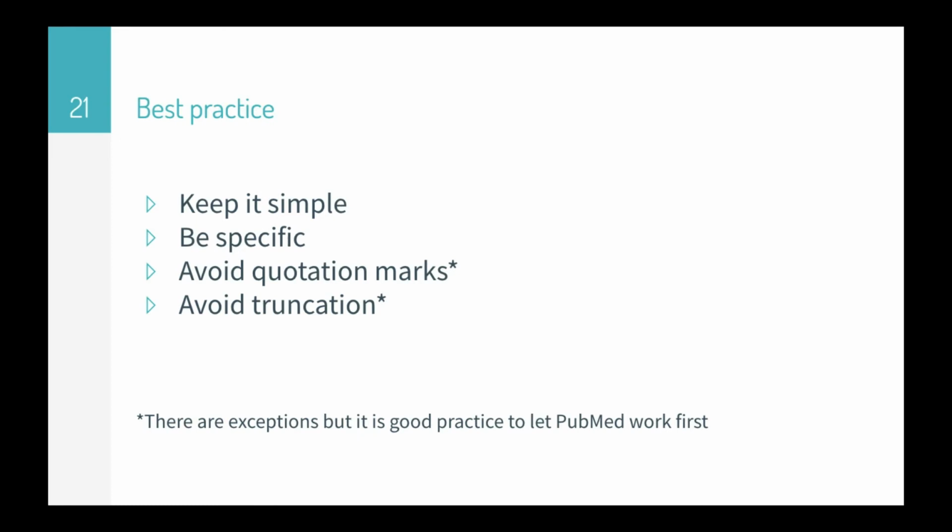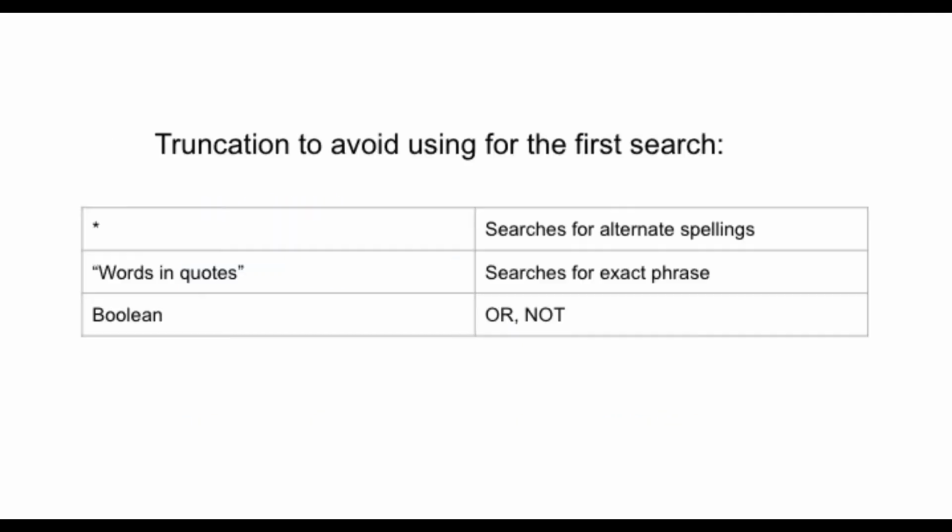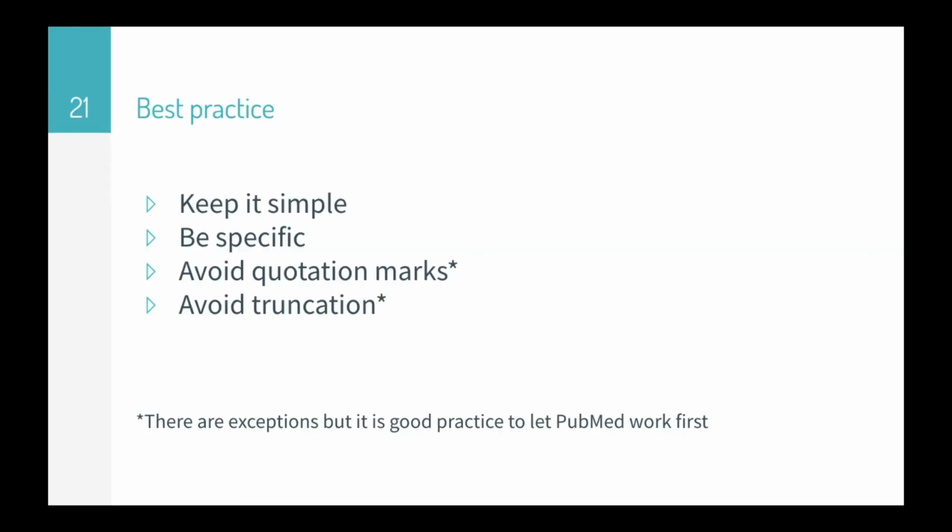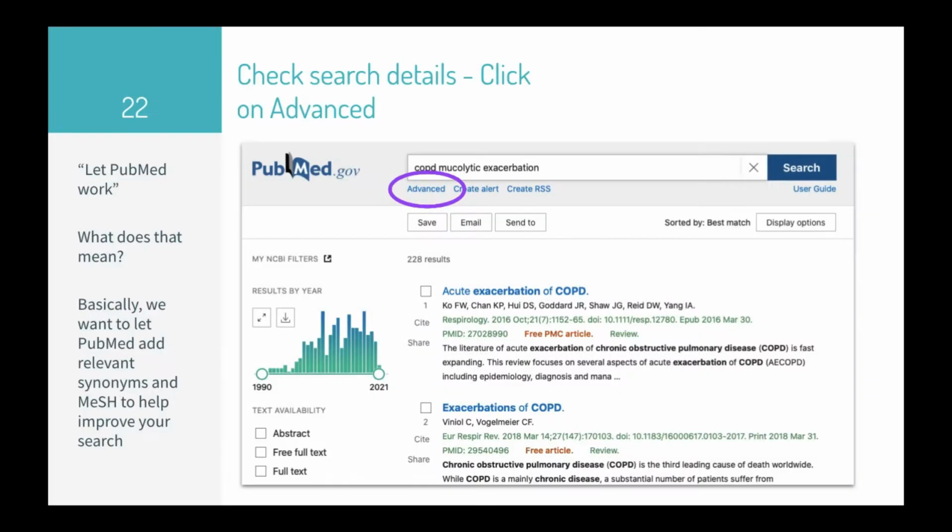Best practice for your first search is to keep it simple, be specific, and avoid any kind of quotation marks or truncation. There are exceptions, of course, but I think it's good practice at first to just let PubMed do some of the work. Using quotation marks or any kind of truncation stops PubMed from being able to map you to its MeSH terms.